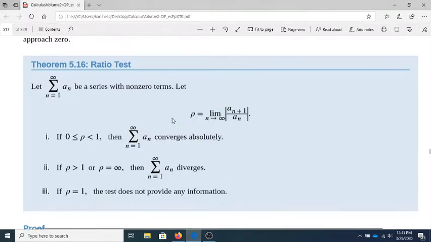Alright, so if we applied this test to a geometric series with an r value of 1/2, then our limit would be rho equals 1/2, and according to the test, we would conclude that the series converges, which we know is right for a geometric series with an r value of 1/2.